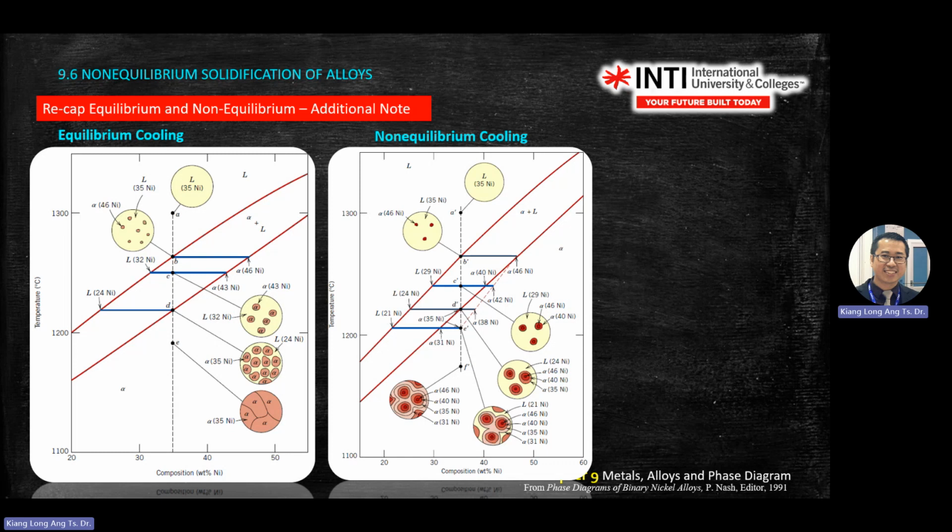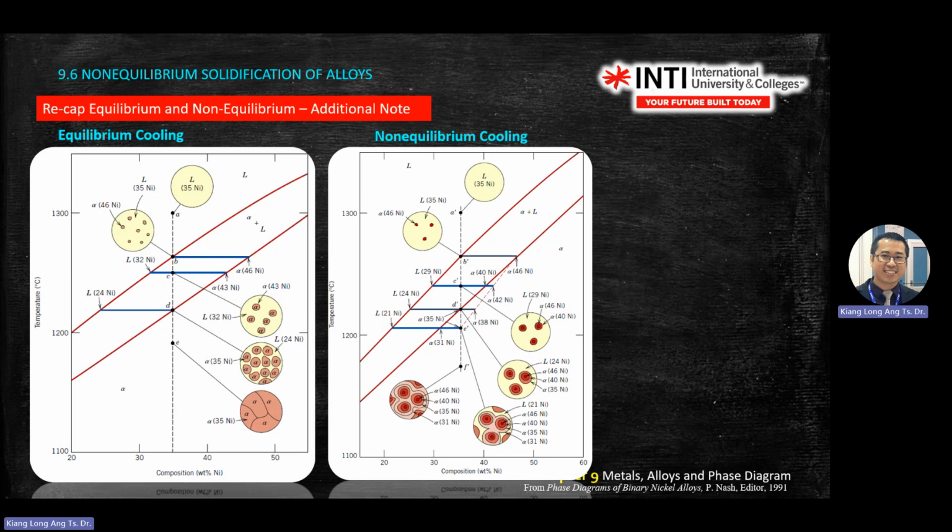Then you drop further, and the bubble keeps repeating and has more and more layers. For example, this point D, and then you go and expand to this dot here. This dot here is alpha, and the other side is liquid already.